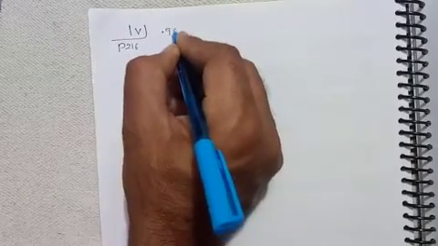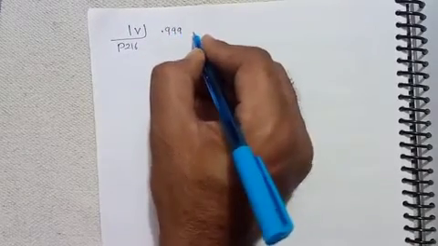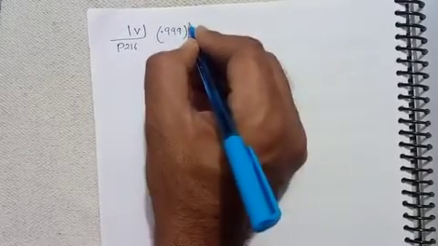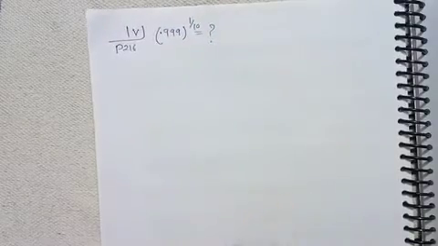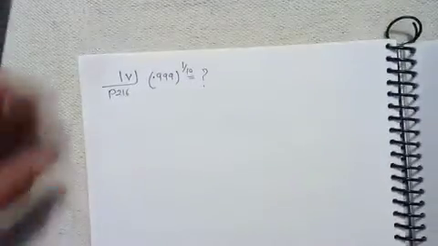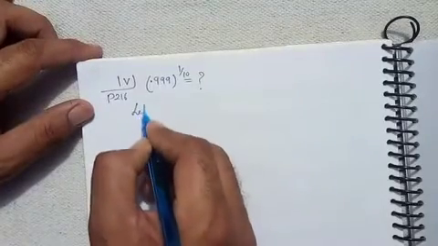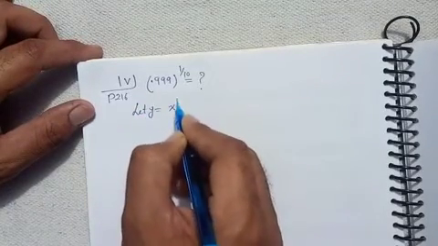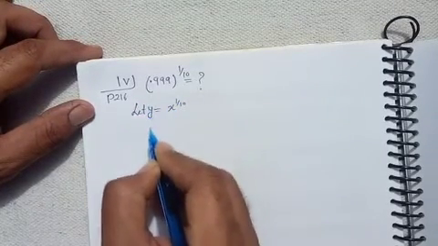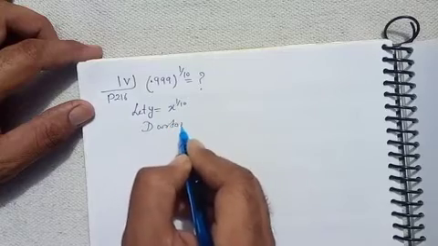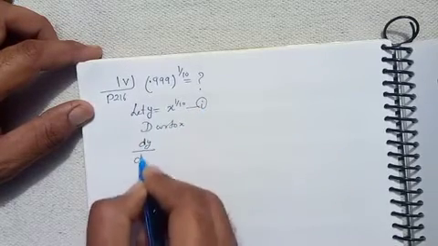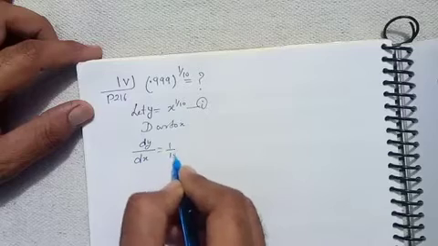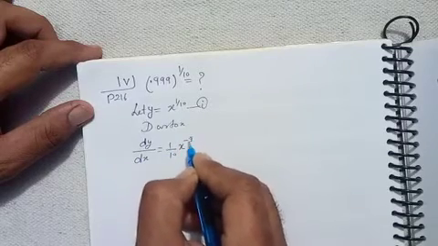Find out decimal 999 raised to the power 1 by 10, the 10th root of this number. So what should be a suitable function? Let y equal x raised to the power 1 by 10. Differentiate with respect to x. We will get dy by dx equal 1 by 10 x raised to the power minus 9 by 10.